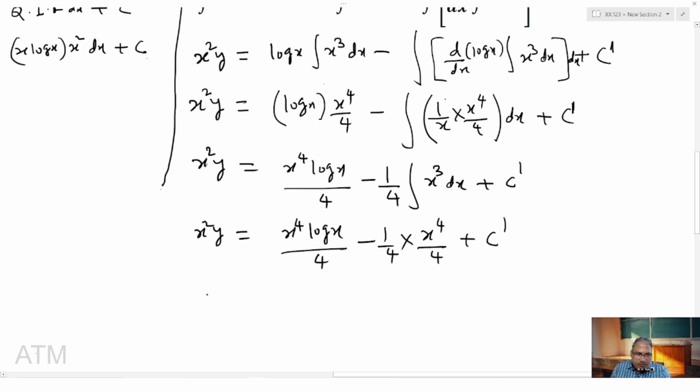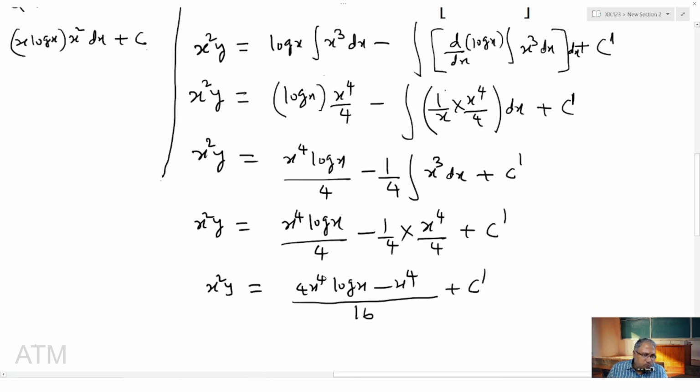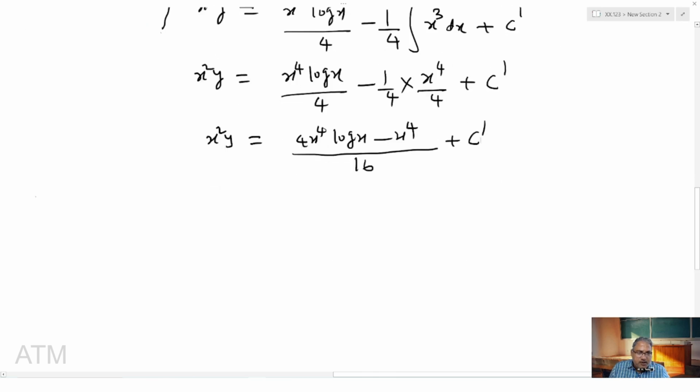Now simplification, x square y equals 4 x raised to 4 log x minus x raised to 4, upon 16 plus c dash. Now a little simplification is required, that 16 will go that side. So 16 x square y equals 4 x raised to 4 log x minus x raised to 4 plus 16c dash.